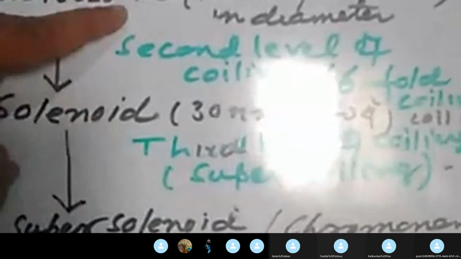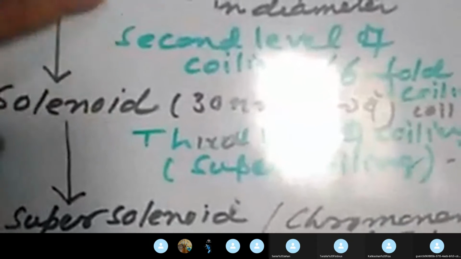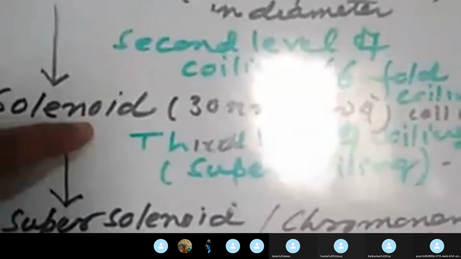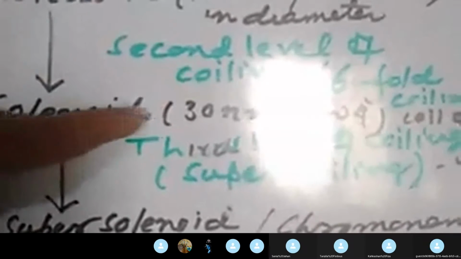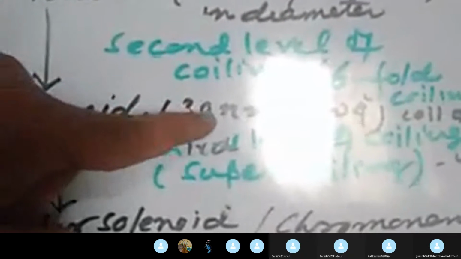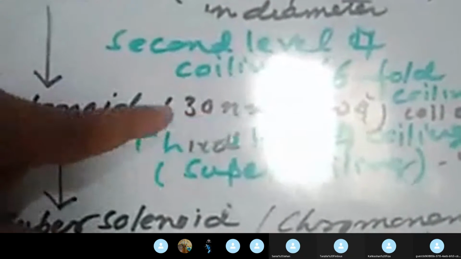Due to the second level of coiling of the nucleosome, the solenoid structure is formed, and its diameter is 30 nm or 300 angstrom. This structure is now called the coil of the coil.